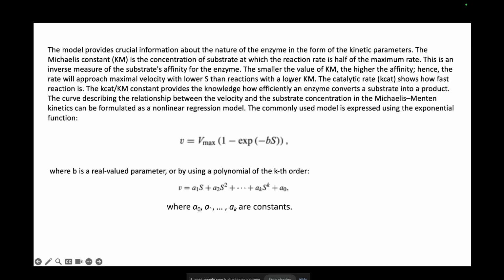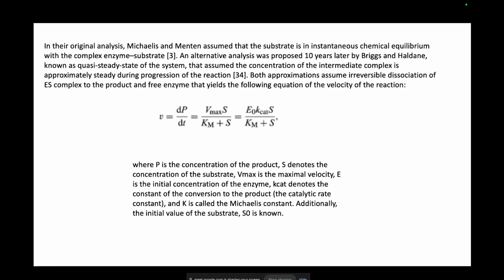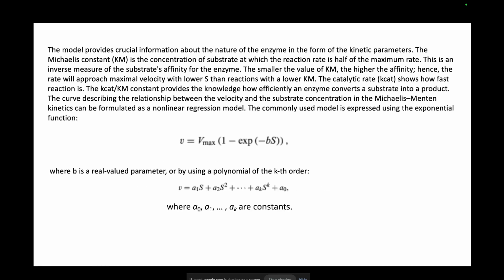The smaller the value of Km, the higher the affinity, and hence the rate will approach maximum velocity with lower S than other reactions with a higher Km. So if you have a lower Km value, you have a higher affinity for the reaction, and the rate will approach maximum velocity with a lower concentration of the substrate.